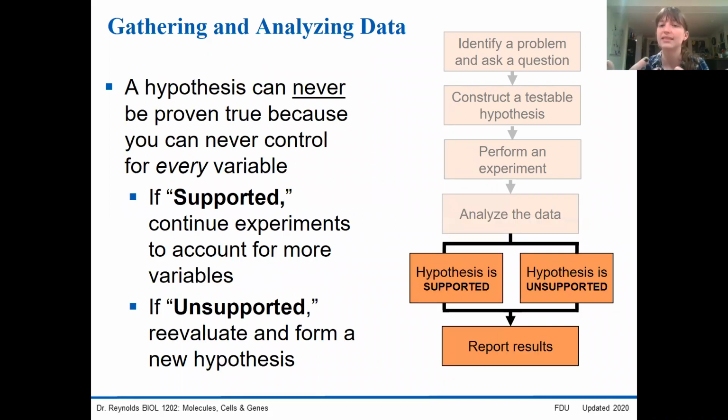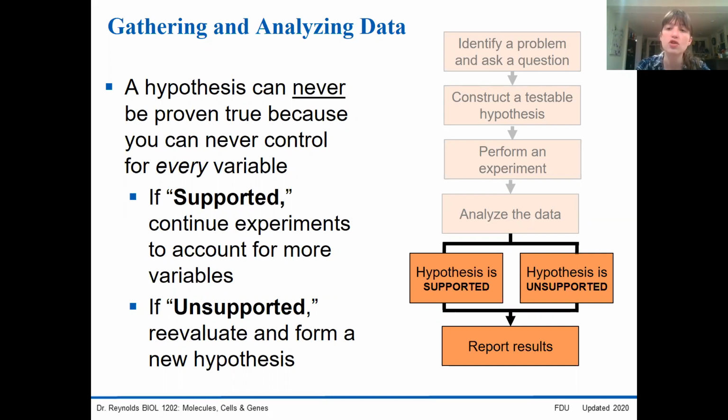Now, once you've collected that data, you need to determine whether your hypothesis is supported or unsupported. I want to remind you that a hypothesis can never be proven true because you cannot account for every single variable. That would be the only way to prove it was true, that there's not some other variable which is causing the change that you're observing.